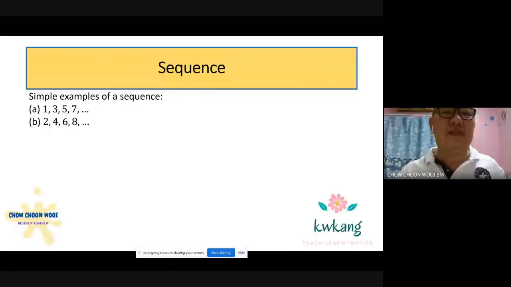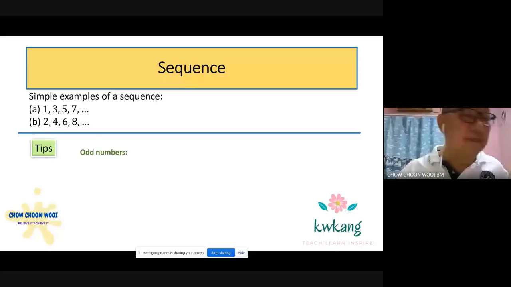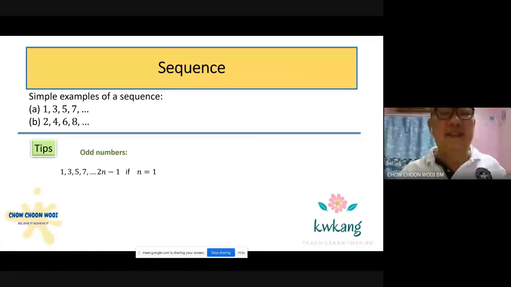So the sequence, okay, simple example of a sequence: 1, 3, 5, 7, dot; 2, 4, 6, 8, dot. Okay, tips. Odd number. Odd number tu genap ke ganjil? Saya pun tak tahu. Odd itu ganjil. So 1, 3, 5, 7 until 2n minus 1 if n is equal to 1.